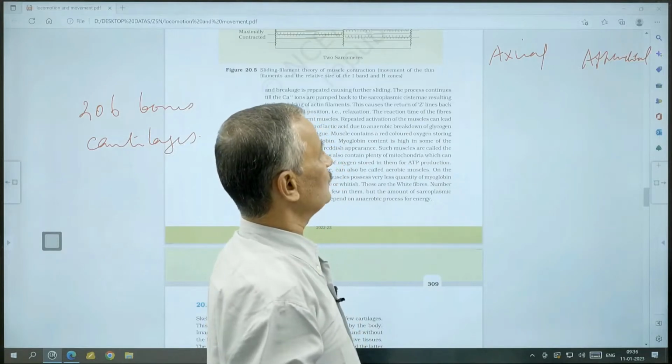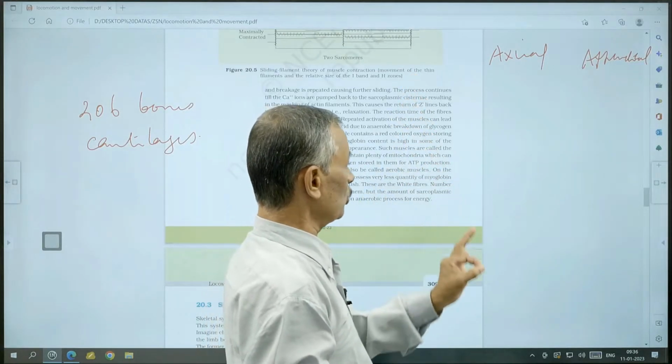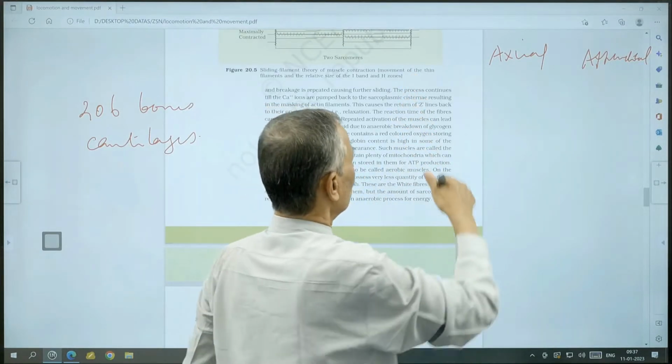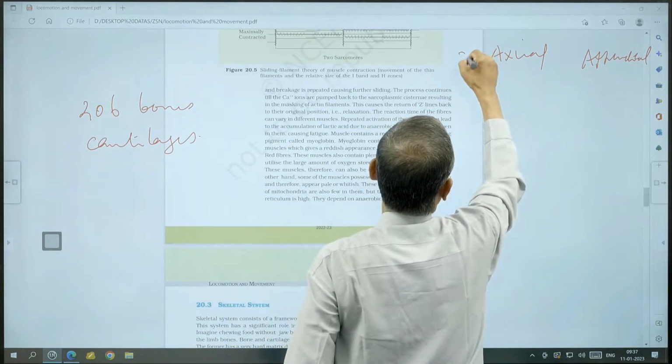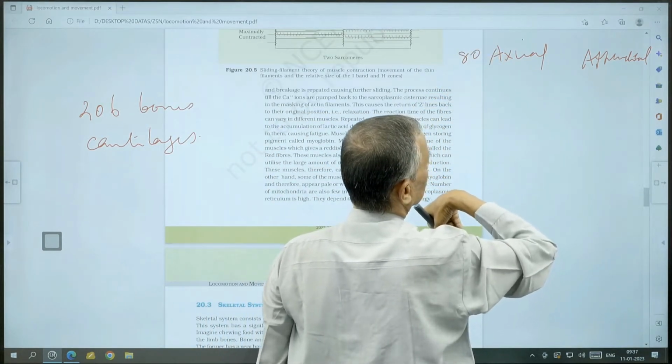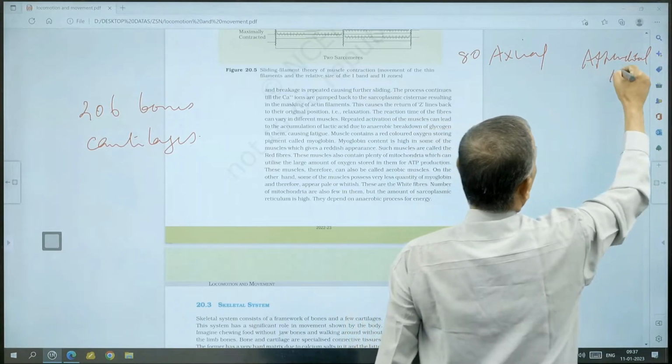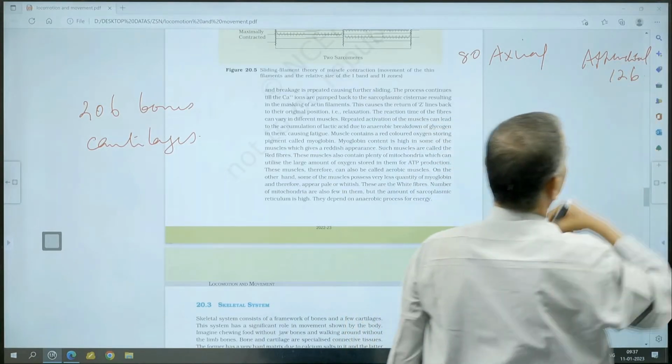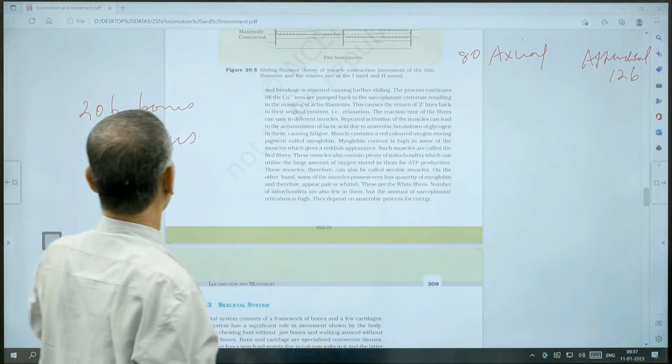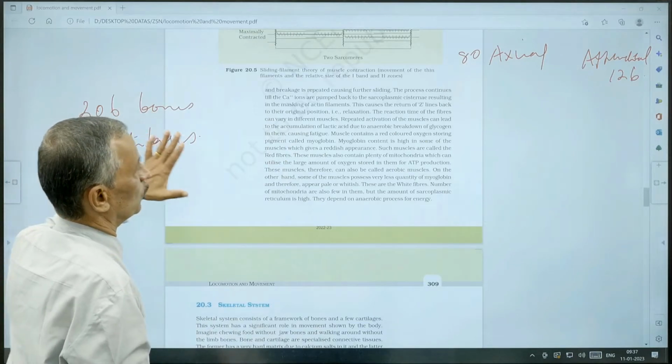What is the axial skeletal system? That which passes through the axis. It is made up of 80 bones. The remaining 126 bones are present in the appendicular system. We have a total of 206 bones.